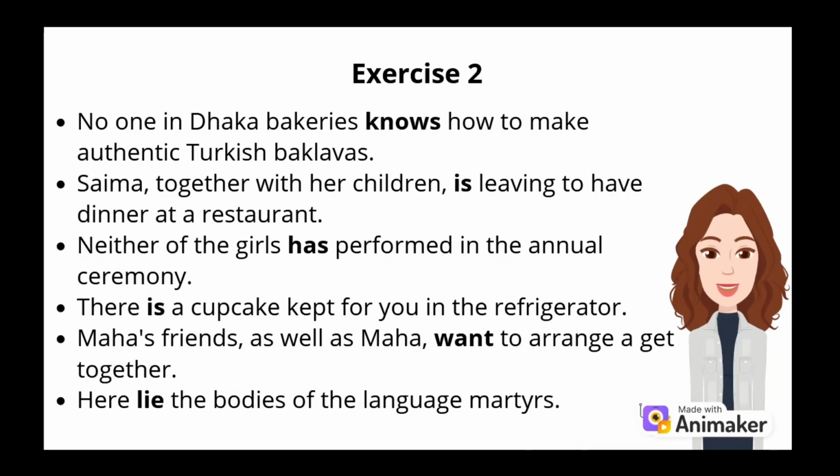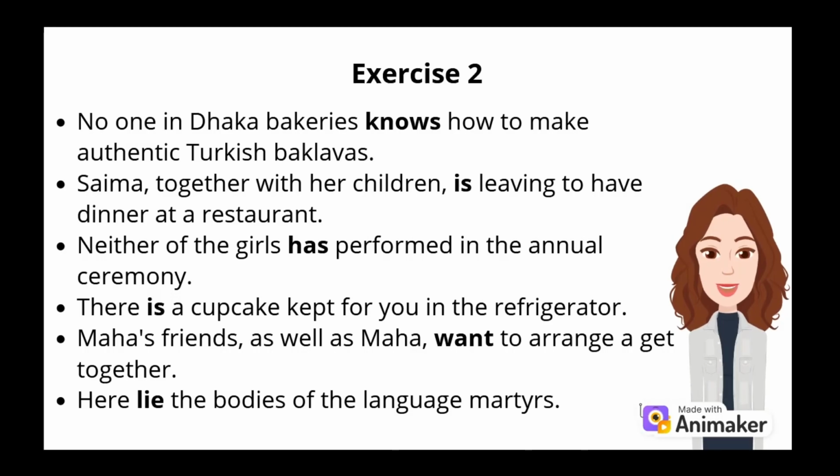Next question is Maha's friends as well as Maha want or wants to arrange a get together. Here the answer will be want, because according to the fifth rule, the subject is separated from the verb by the words as well as, and you need to ignore the words and phrases that are not part of the subject. That is why the true subject is Maha's friends, which is plural, so the verb will be plural as well.